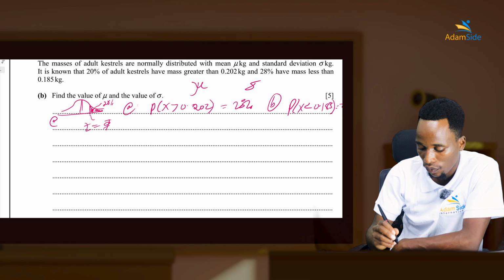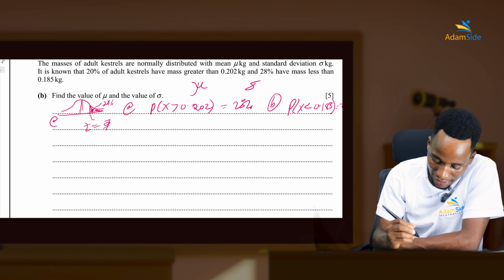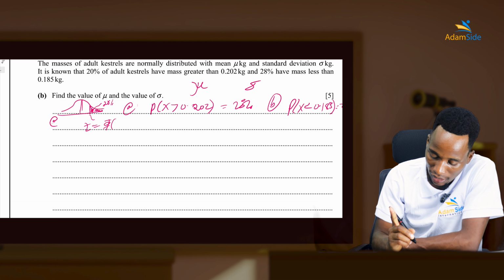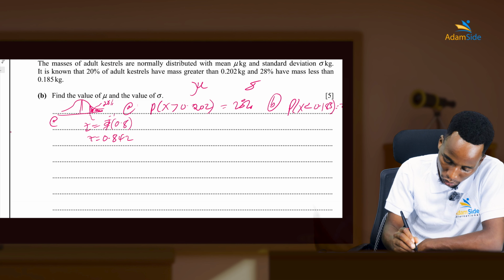For 20% you cannot find it inside the table, because we are supposed to inspect inside the table. The smallest inside the table is 0.5, so we check for 0.8, which is 1 take away 0.2. So the inverse of that is going to be 0.842.